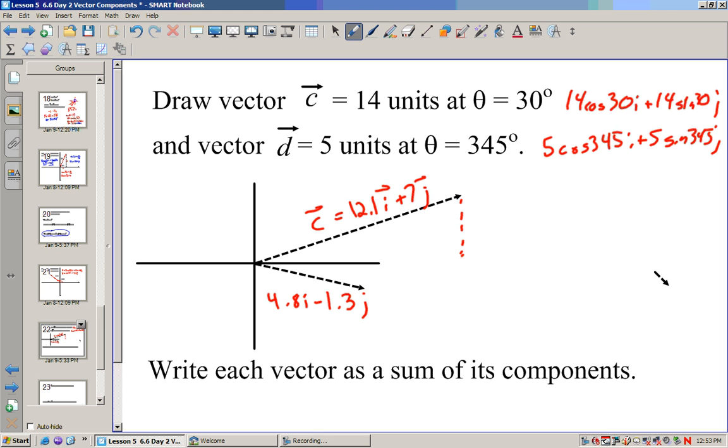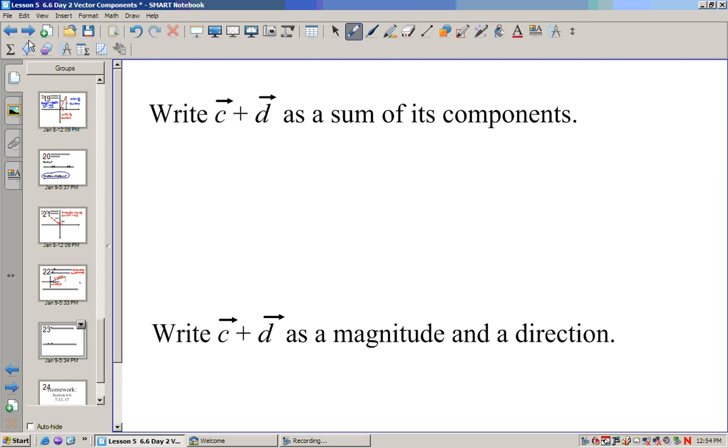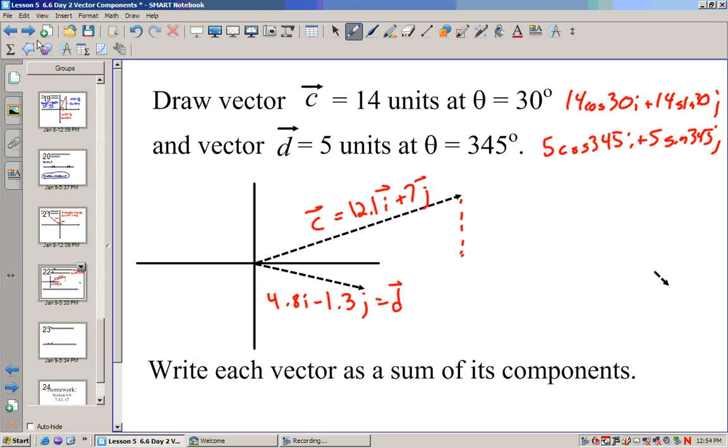Alright, so now we have vector C and vector D written in terms of its components. So let's write C plus D as a sum of its components. If I want to find C plus D, we just add these together.